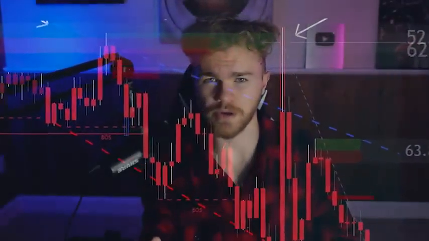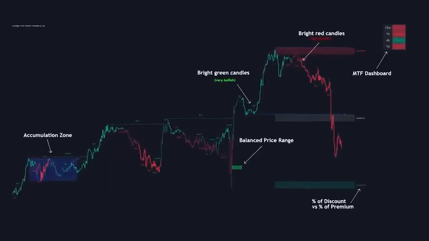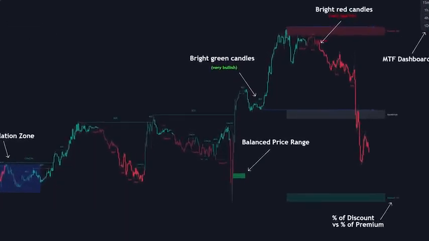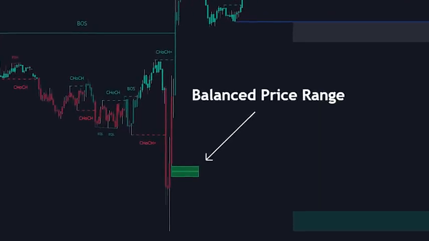Wicks to take out orders above and potentially trap traders are much more noticeable, with these features we included being used all together.